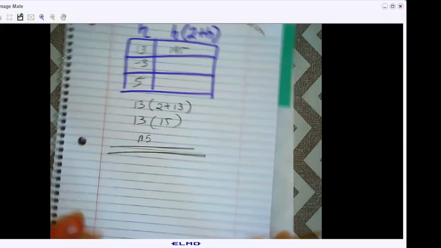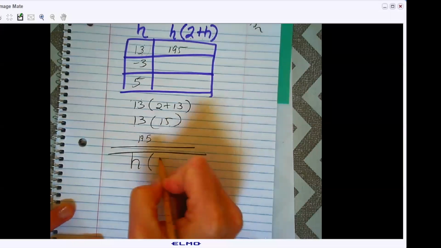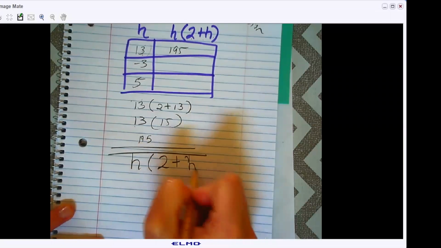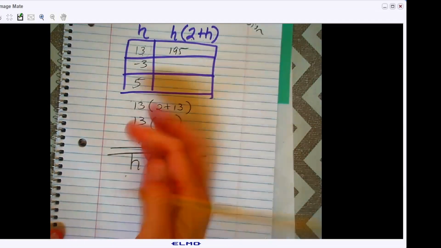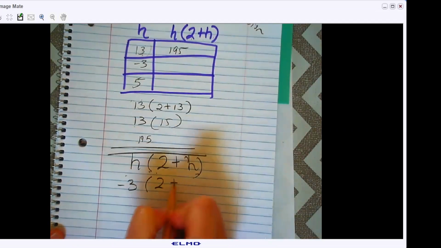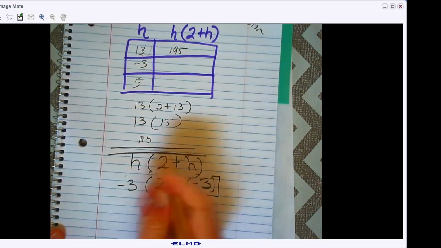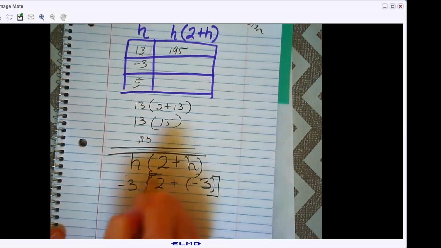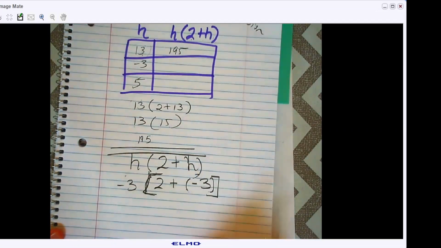Let's do the next one. So we have H times the quantity 2 plus H. And then we have -3. So H is -3 times the quantity 2 plus a -3. If it ever looks like that, I just change my brackets, because you put parentheses inside brackets. 2 plus a -3.